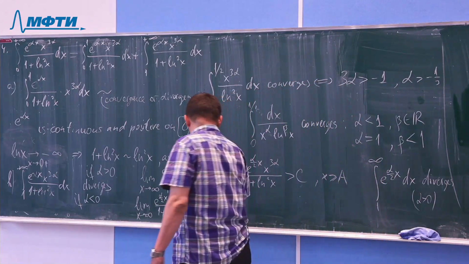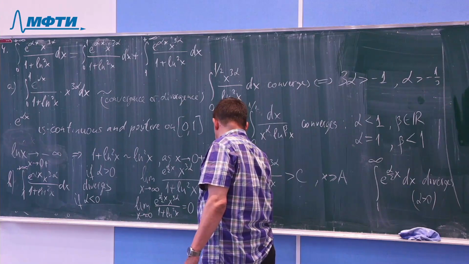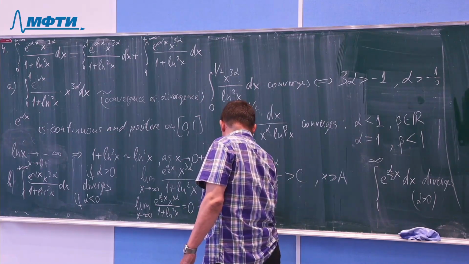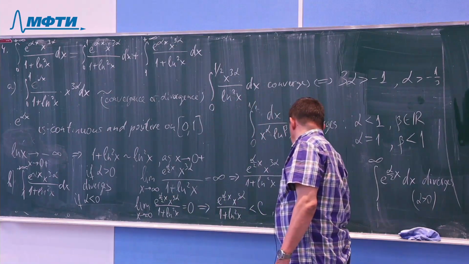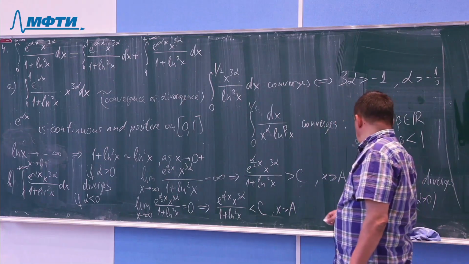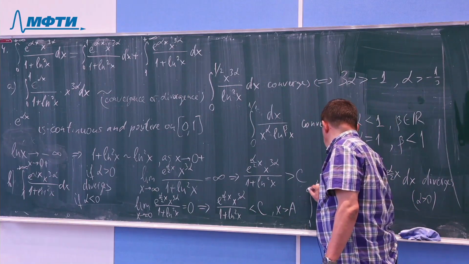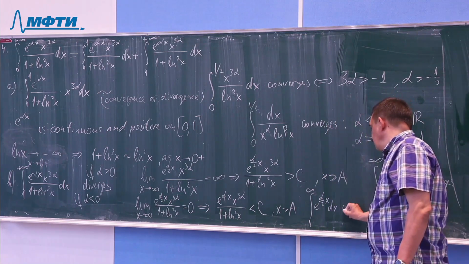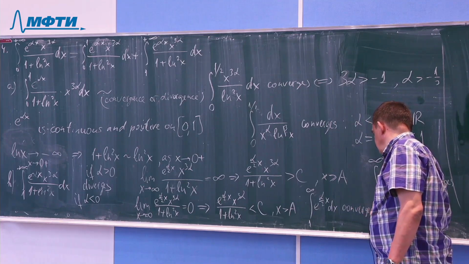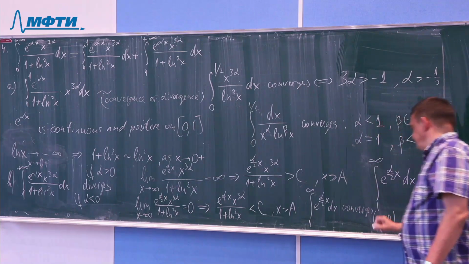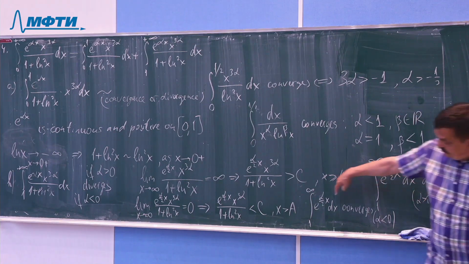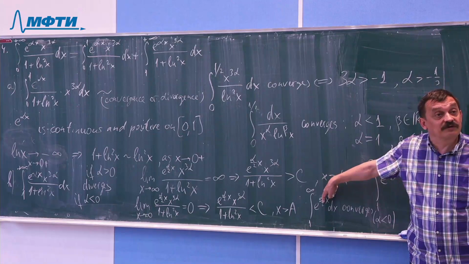Hence, once again, e to the power alpha over 2 x, x power 3 alpha over 1 plus logarithm squared x is less than a constant when x is greater than a. And now the integral from 1 to infinity of e to the power alpha over 2 x dx converges for alpha negative, because once again we obtain an exponent, and if you substitute x equals infinity here, alpha being negative, it tends to 0.